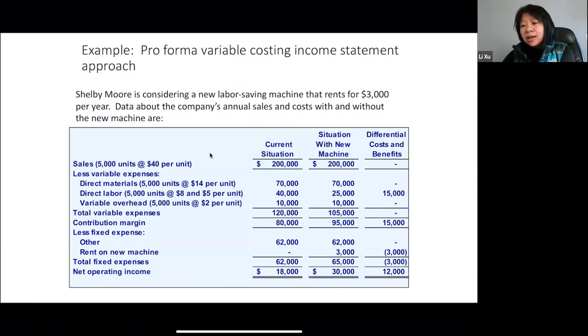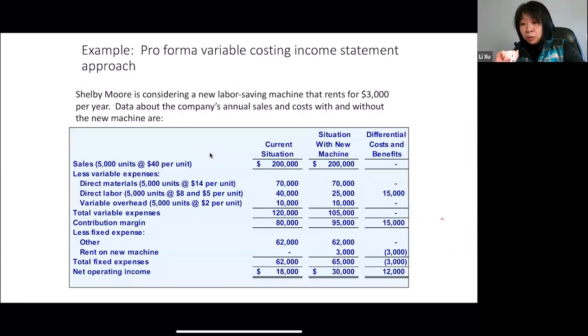To help you analyze the situation, we already have a contribution margin format financial statement ready. I'm going to say this again. If you're going to prepare the pro forma statement, which means comparing the current financial statement to the forecasted financial statement, always use the contribution margin format, okay?